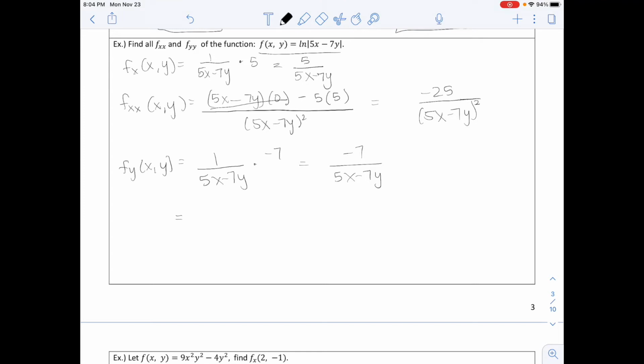From here, I can find my second order partial derivative with respect to y twice. So we have f sub yy of xy. And again, we have to use our quotient rule. So it's going to be the denominator times the derivative of the numerator, which is just 0, minus the numerator times the derivative of the denominator with respect to y, all divided by our denominator squared.